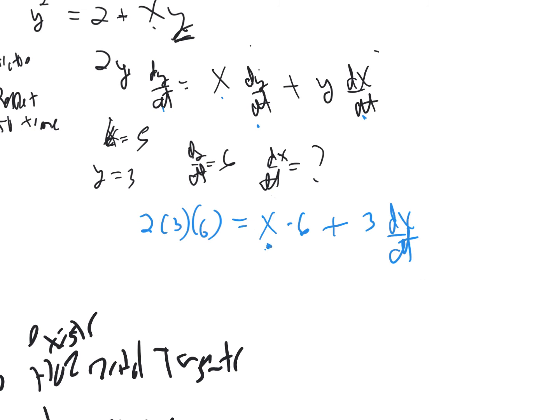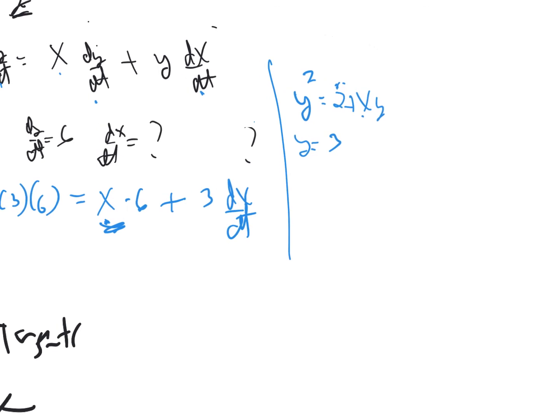So that means I need to look at my original equation. It was y squared equals 2 plus xy. If my y is 3, I can find out what that x is going to be. This is called a secondary equation that I have to use to find this.